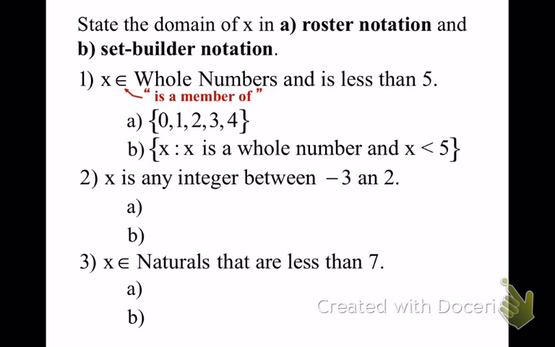Okay, so what is the roster notation going to look like for number 2? How about Ella? The roster notation. Hold on. So would it be between -3 and 2. -3, -2, -1, 0, 1?